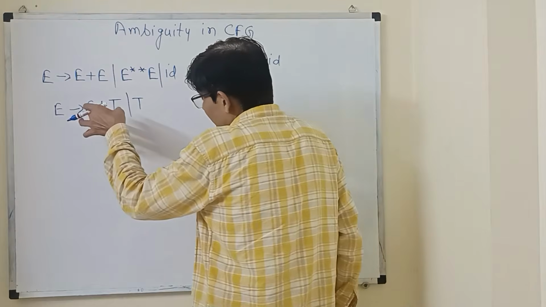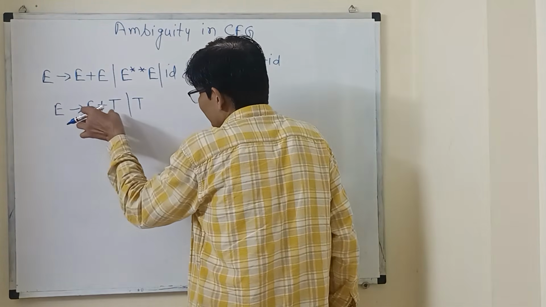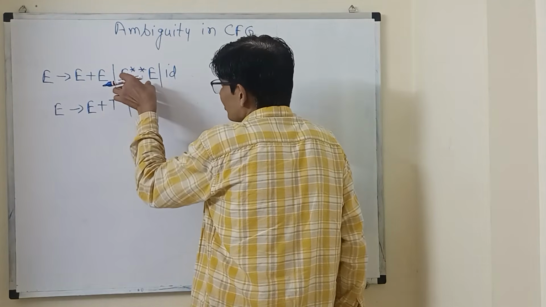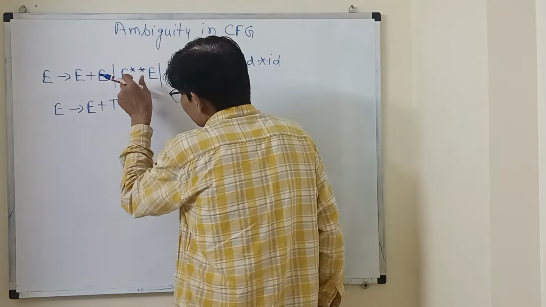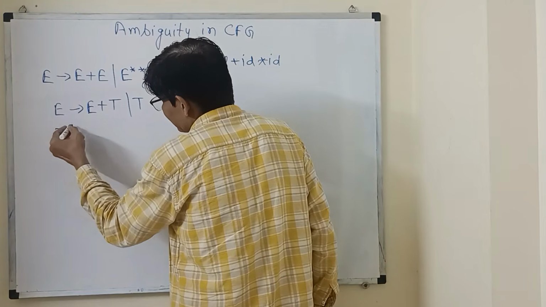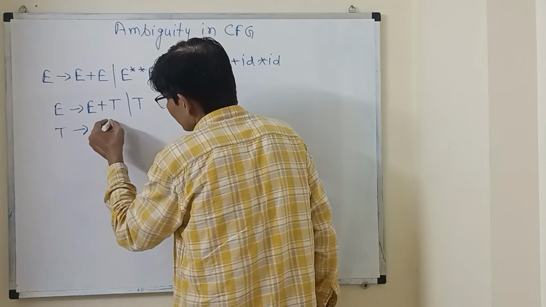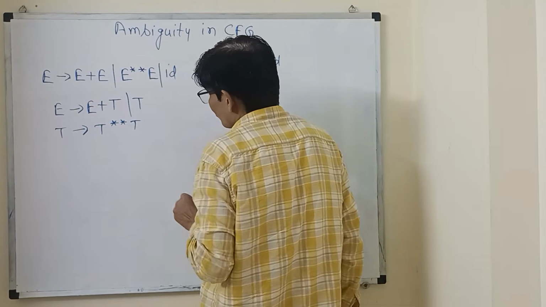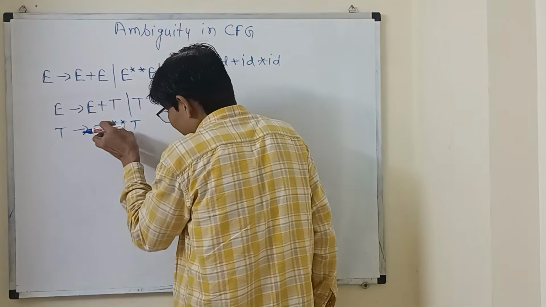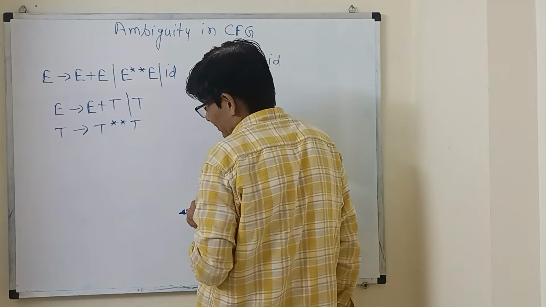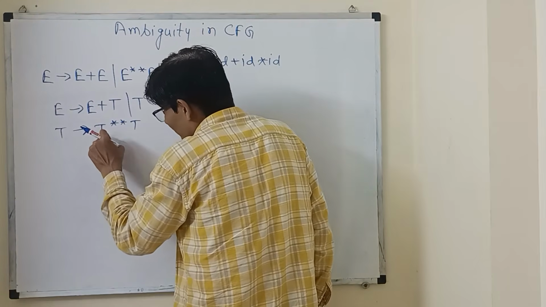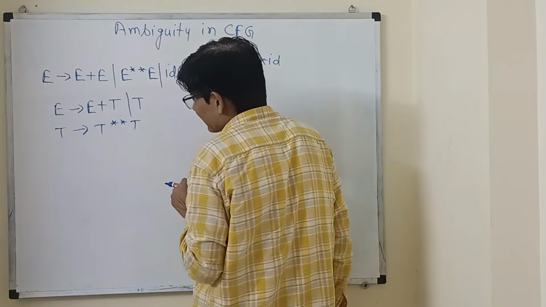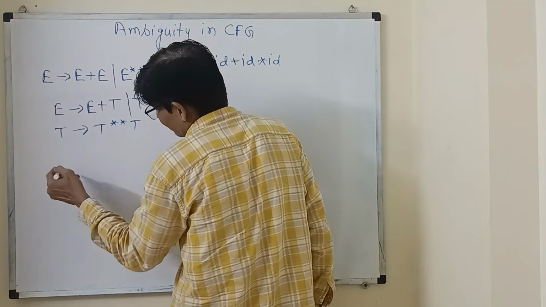Now if I remove ambiguity from this production, I get T gives T cross T exponentiation T. As we have a right associative operator here, this time we will replace the left hand side occurrence of T with another variable.